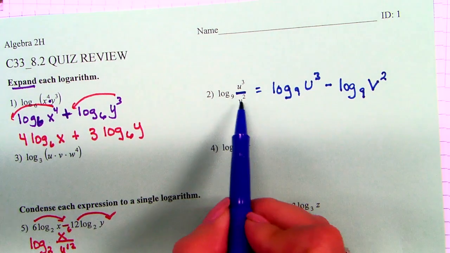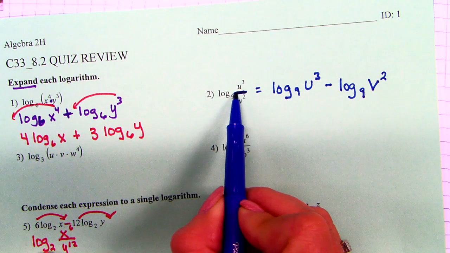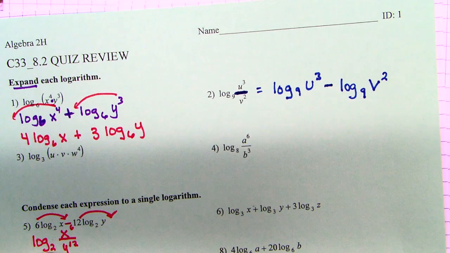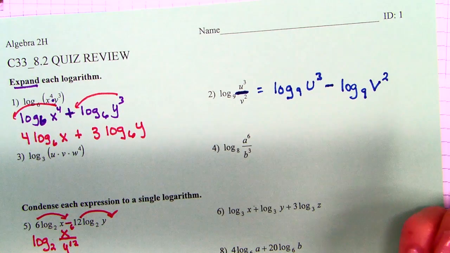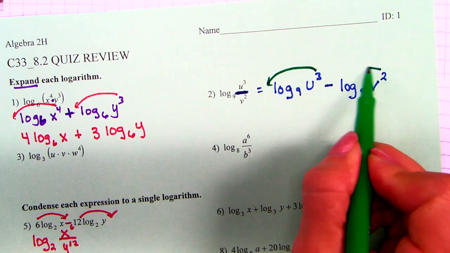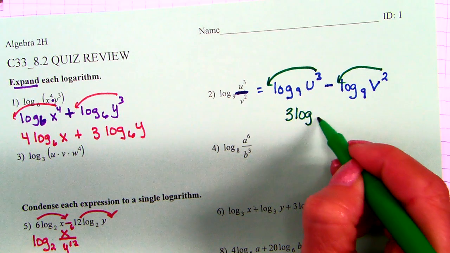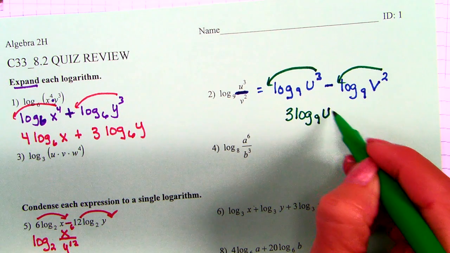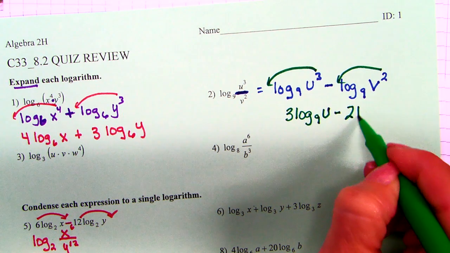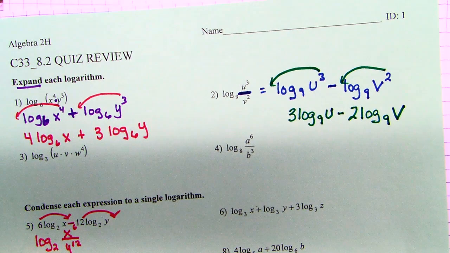So all I did here was apply the division quotient property. Remember, when division happens, we rewrite it as subtraction. Does that make sense? And then those numbers in front, on top, end up in the front. So 3 log base 9 of u minus 2 log base 9 of v.